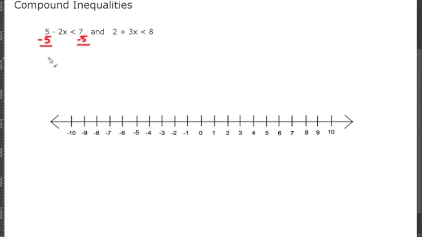So that's going to leave us with -2x is less than 7 minus 5, which is simply 2. Now we're going to divide by -2 on both sides. And remember, when we divide by a negative, we flip the inequality. So this is going to give us x is greater than -1.